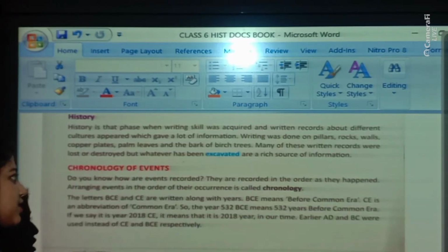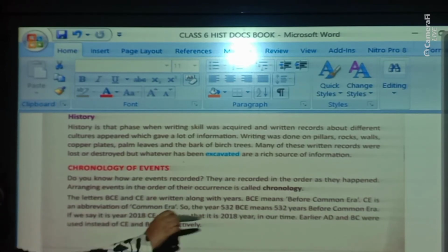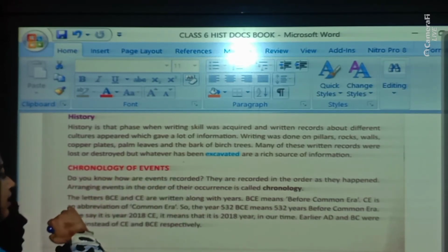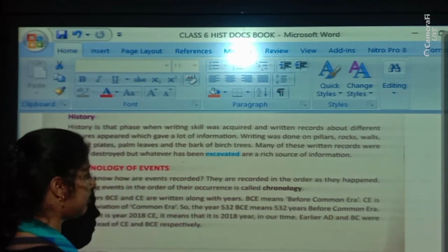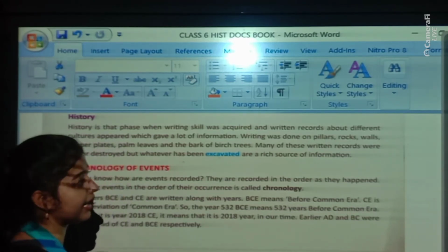The last part is the chronology of events, where we arrange events in the order of their occurrence. In that timing we have BCE, which denotes before common era and also before the birth of Christ, and CE means common era.